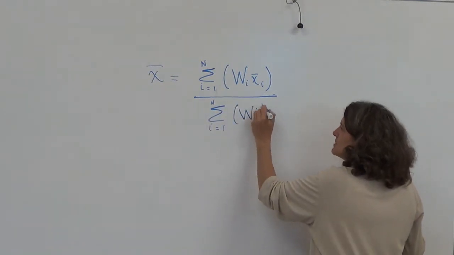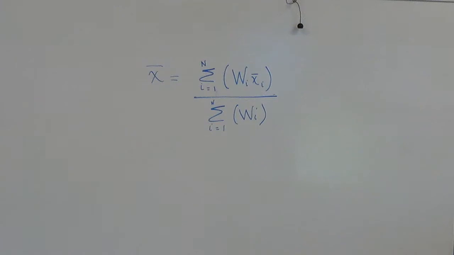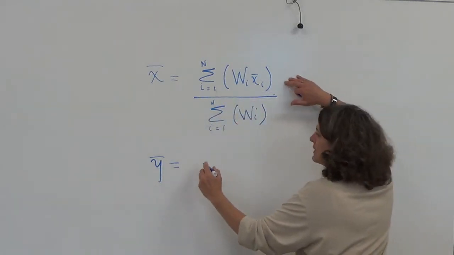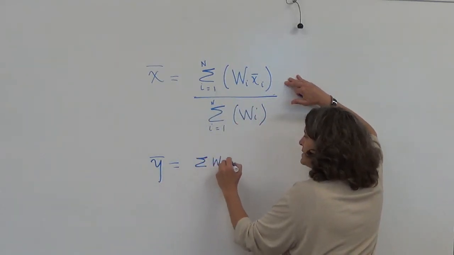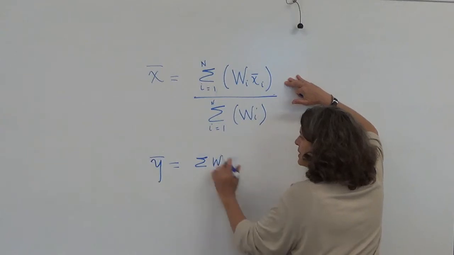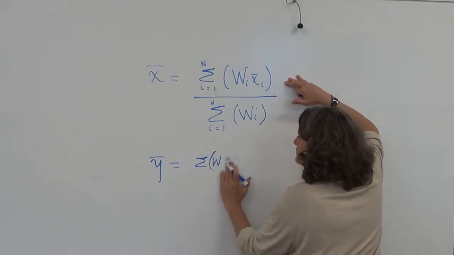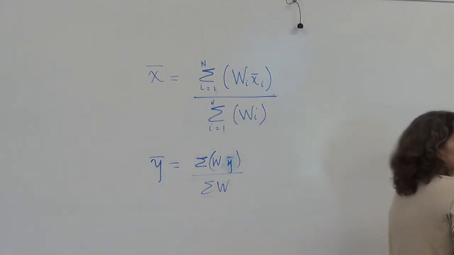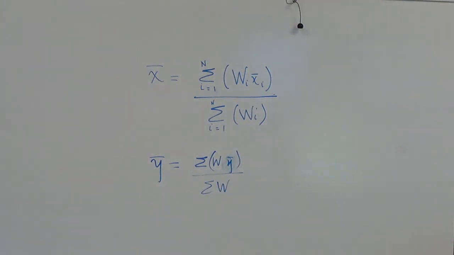Sum of all the weights. Does everybody agree? And then the same thing with the Y. I'm not going to write it as mathematical now. I'm going to do the sum of the weights times the distances divided by the sum of the weights. And I could find the location.